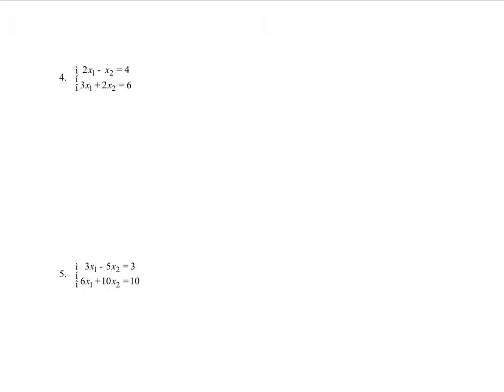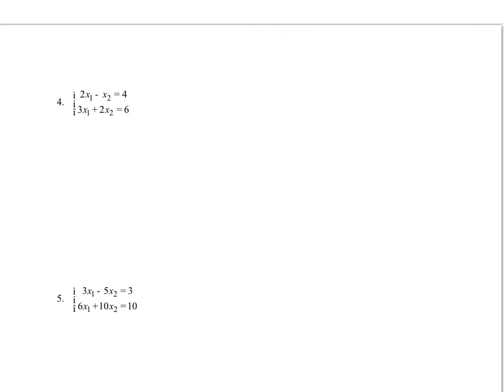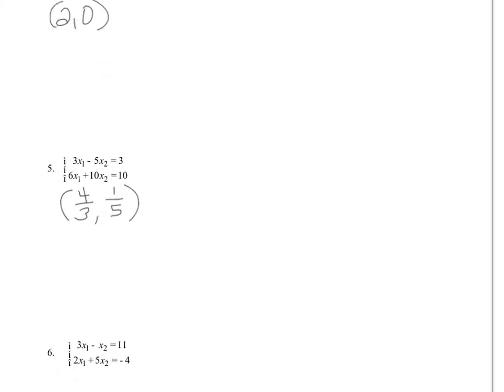On number 4, you should end up with the ordered pair 2, 0 when you finish using Gauss-Jordan. On number 5, you have a couple of fractions. You should get 4/3 and 1/5 as your ordered pair.